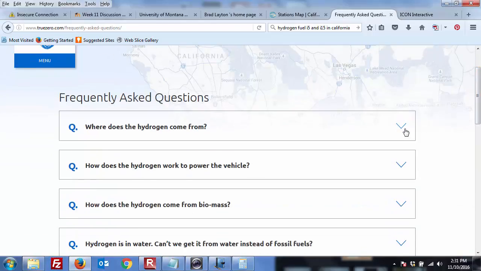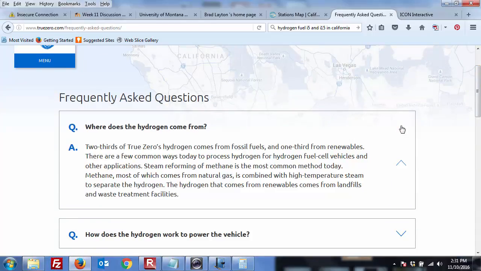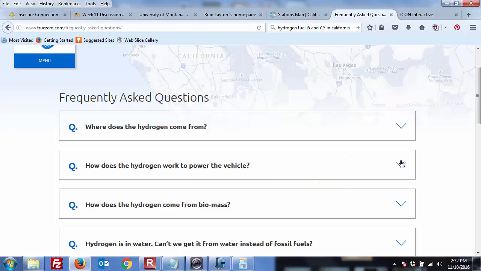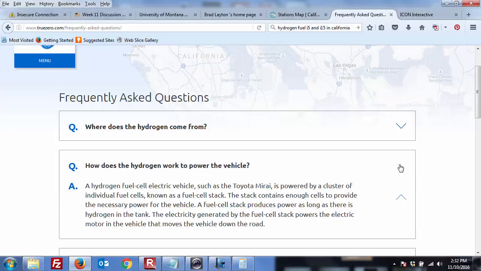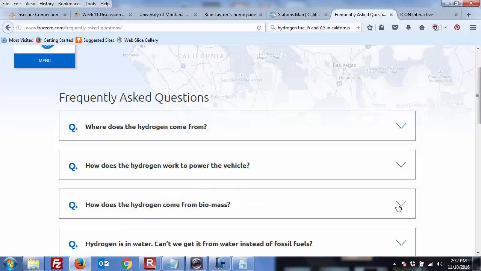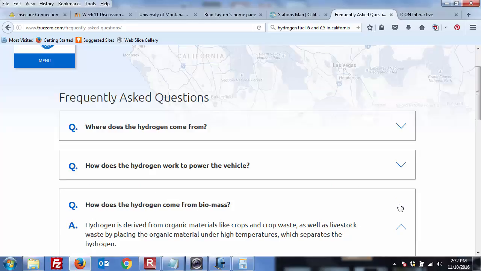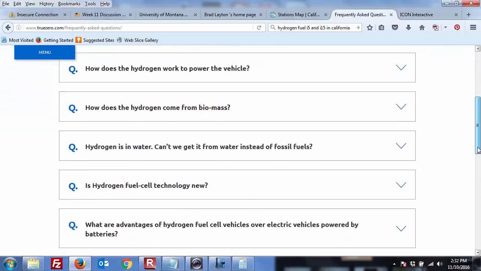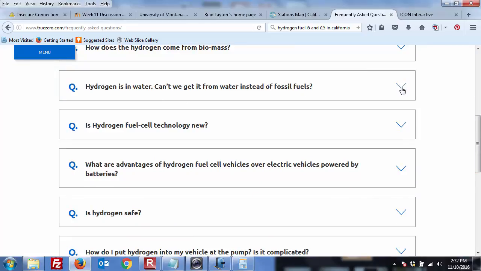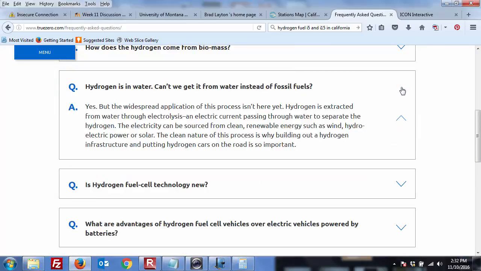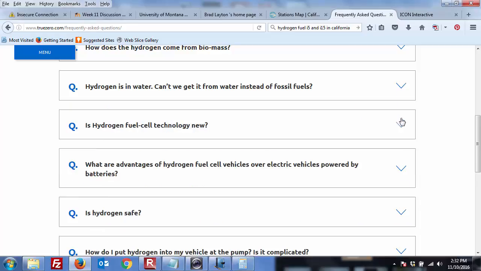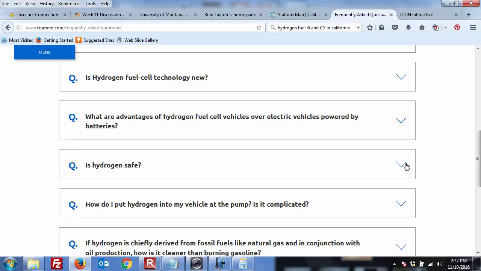Where's that come from? 2/3 renewables. Okay. Save.